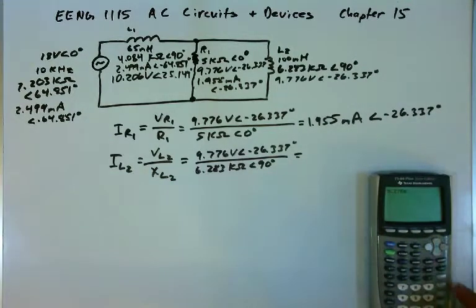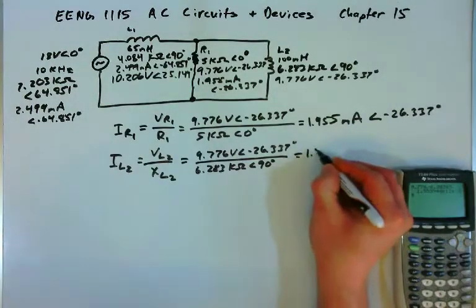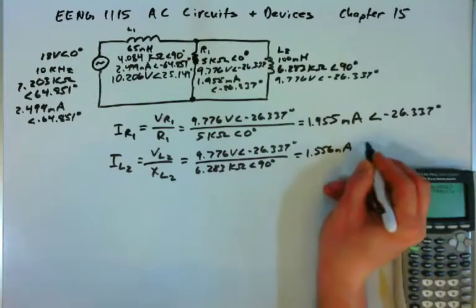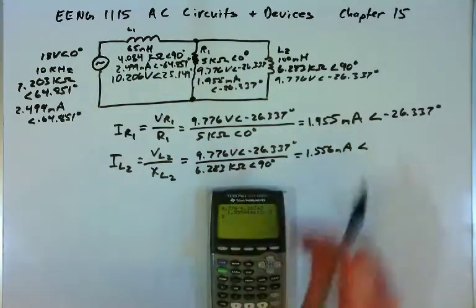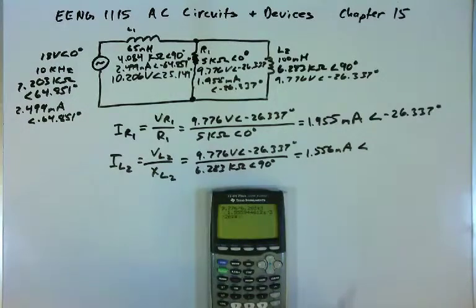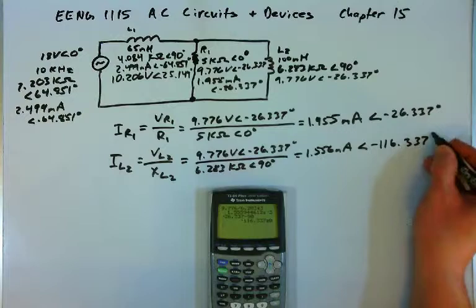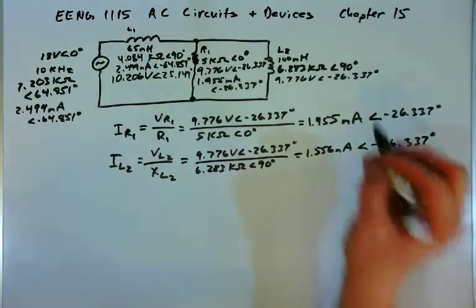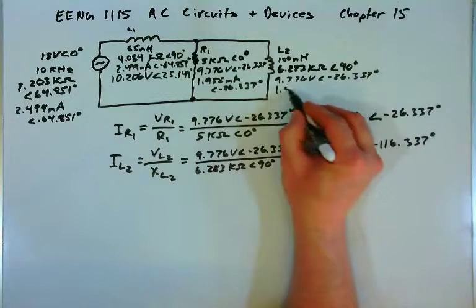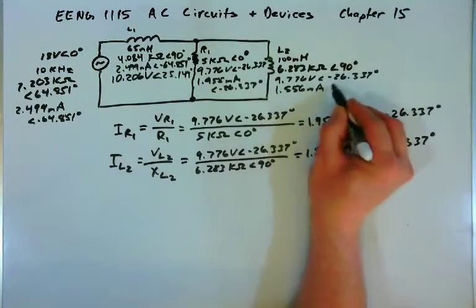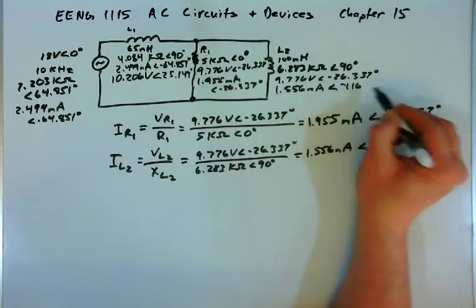We have 9.776 volts divided by 6.283 kilohms, and we get 1.556 milliamps. And the angle will be negative 26.337 minus 90, and we get negative 116.337 degrees. So now we know the current through L2. We have 1.556 milliamps at an angle of negative 116.337 degrees.